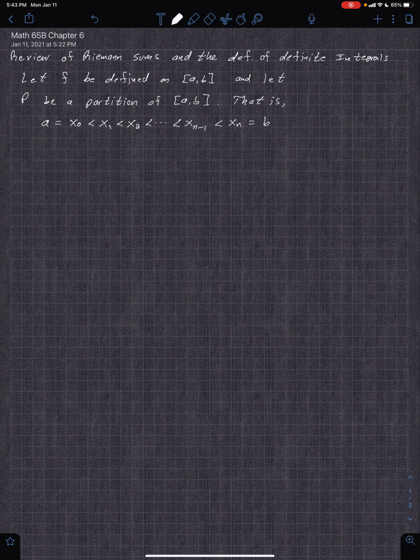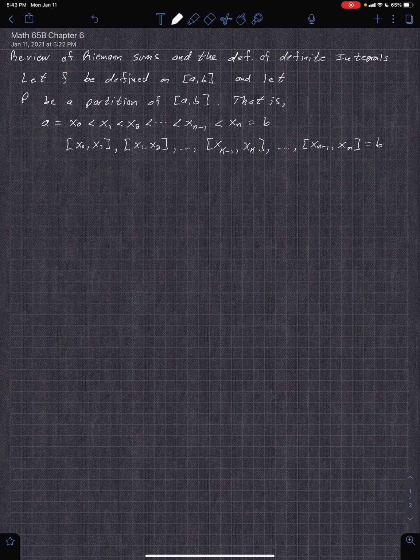So what you end up with are these intervals: x naught to x1, then the next interval is x1 to x2, and so on. We'll talk about the kth interval, x sub k minus 1 to x sub k, and then you go all the way to the nth interval, x sub n minus 1 to x sub n, which equals b.